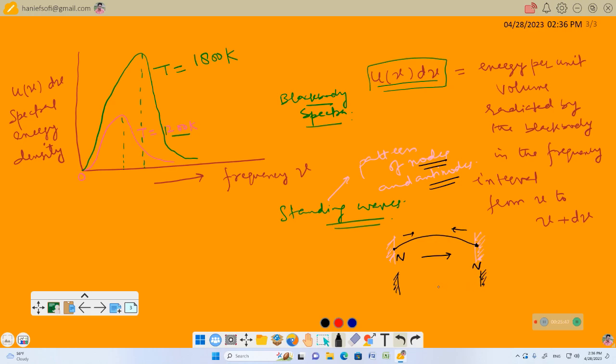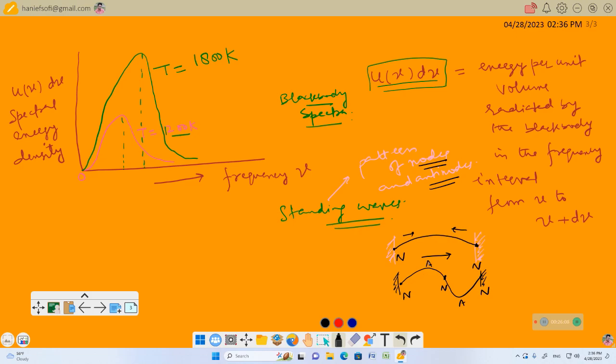Another possibility is the string can oscillate in this fashion. In this fashion means there can be one node in between also. This is a node, this is a node, this is a node. Here it is an antinode, here it is an antinode.